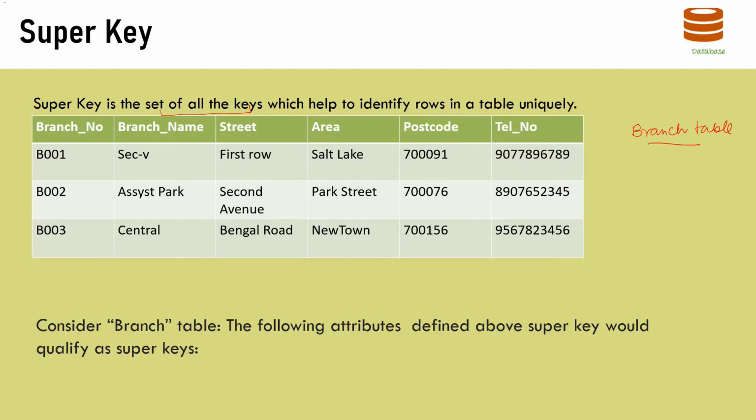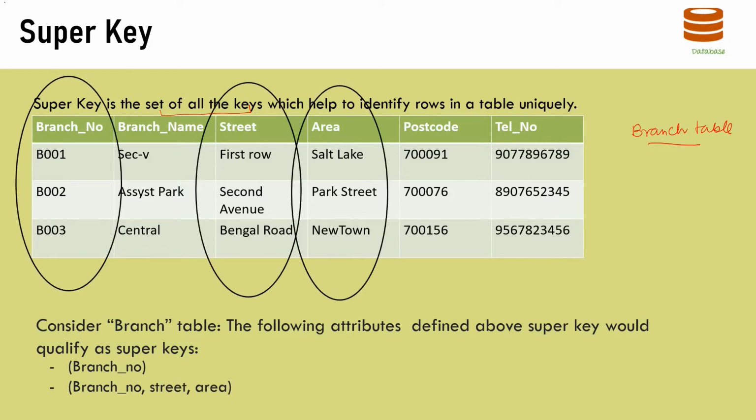So branch number is a super key. Branch number, street and area taken together can also uniquely identify a row in a table structure, isn't it? If I tell you branch number is B002, street name is 2nd Avenue and area is Park Street, then you will give me only the second row. So this branch number, street, area is another super key.